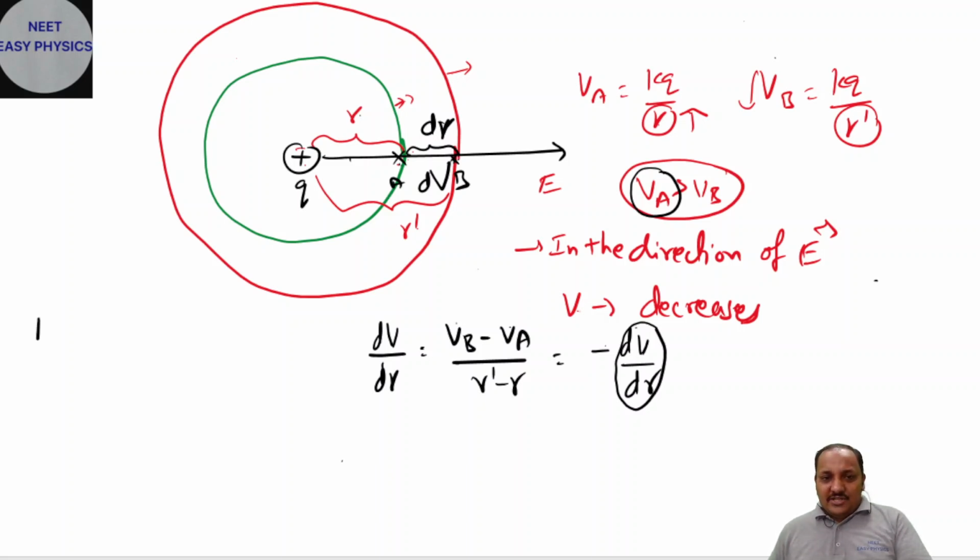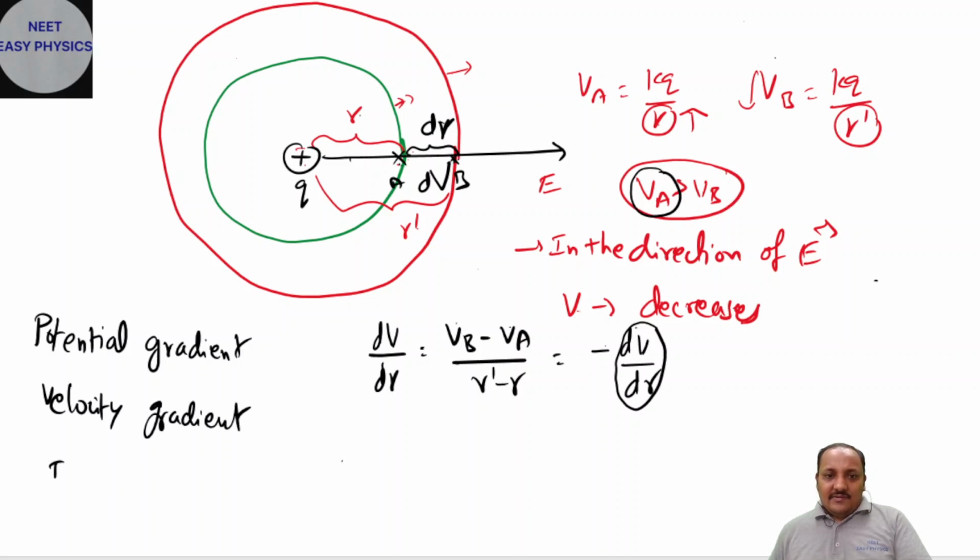So what is potential gradient? One new word you got, but you already got similar ones in your first year: velocity gradient and temperature gradient. See, you got three gradients. Now we will define what is potential gradient.